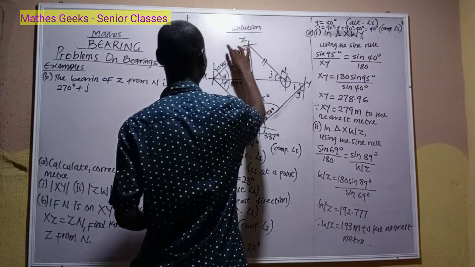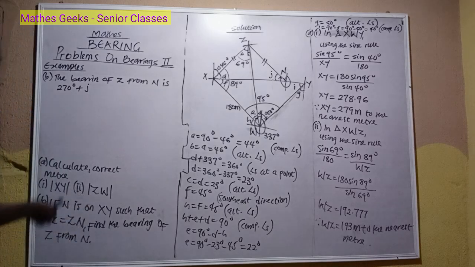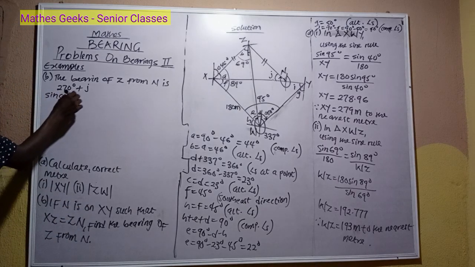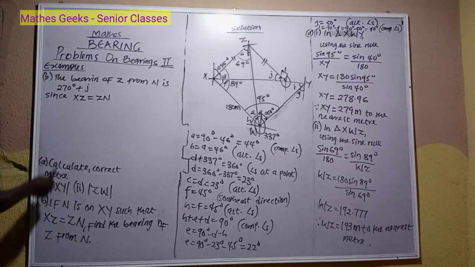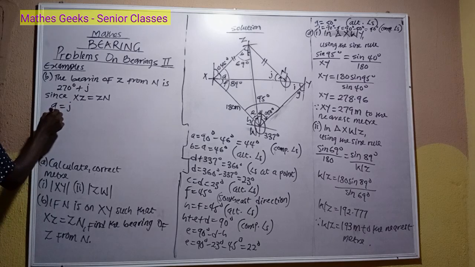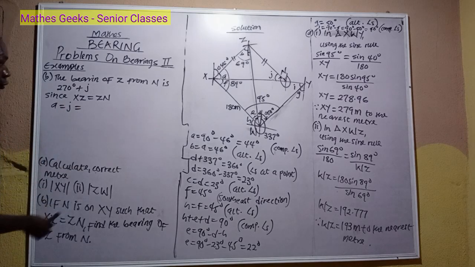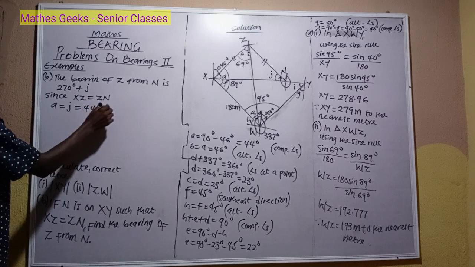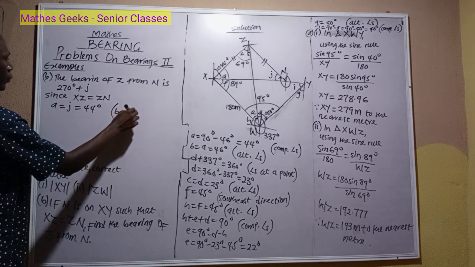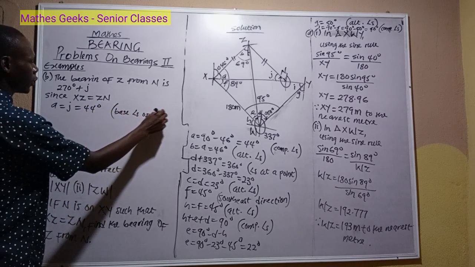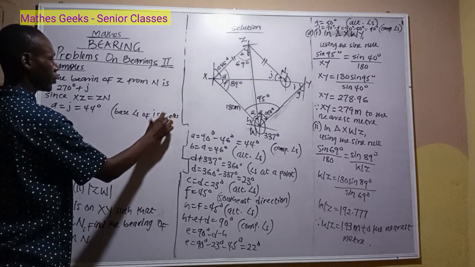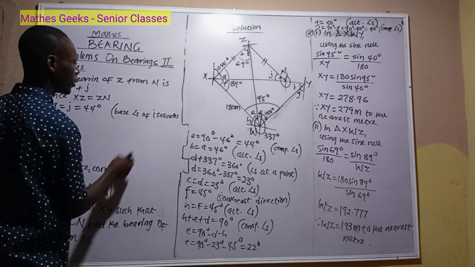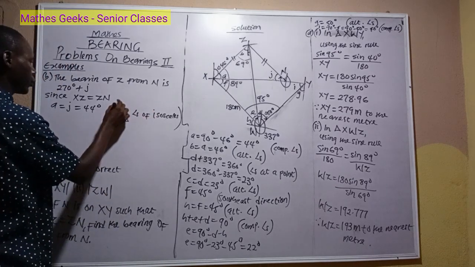Since this line is equal to this line, since xz is equal to zn, therefore A is equal to J. A is 44 degrees. The reason is base angles of isosceles triangle.